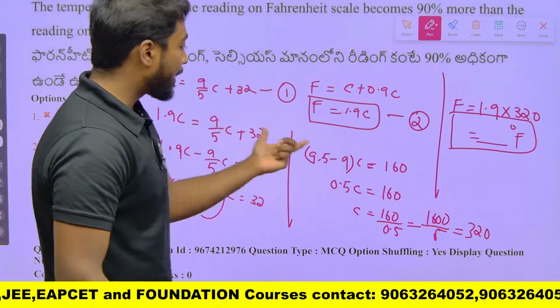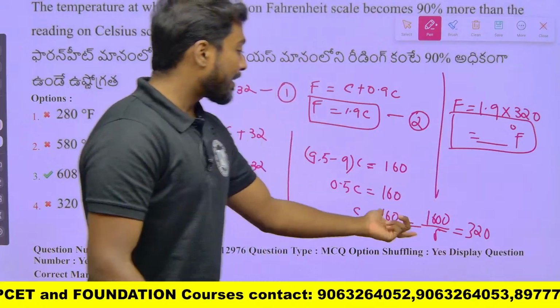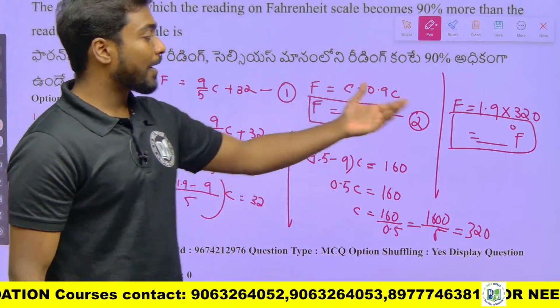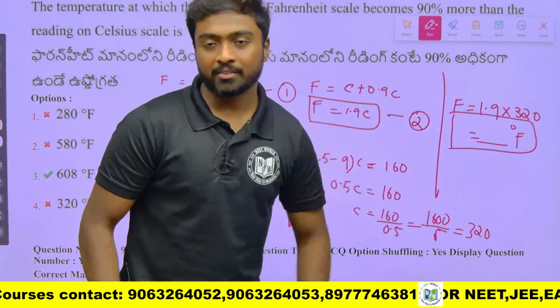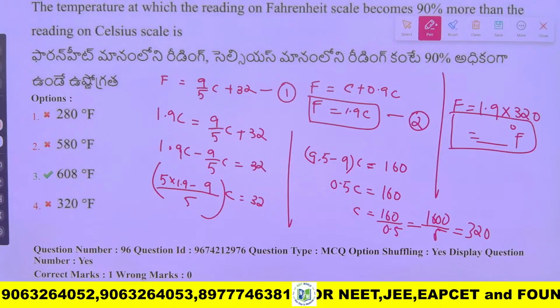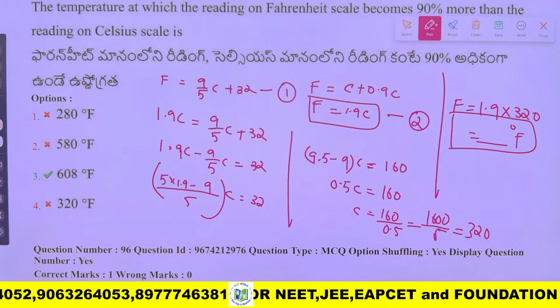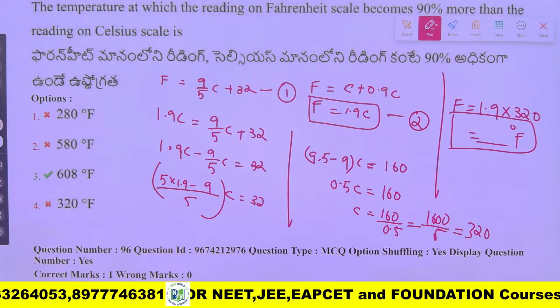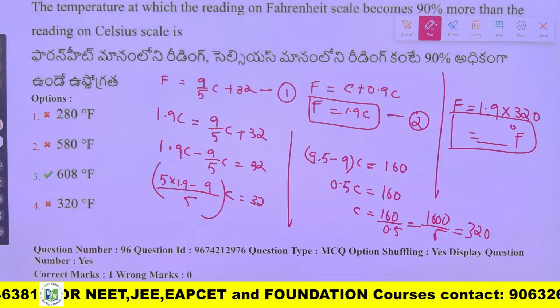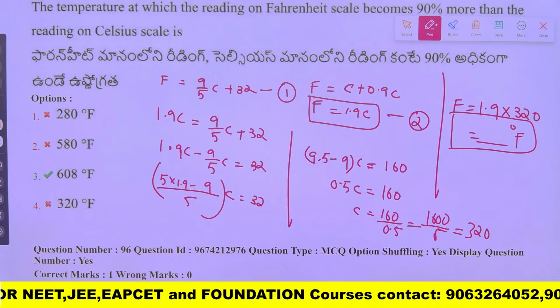Comparing both of them, if they are asking about Celsius, I can directly say 320. If they are asking about Fahrenheit, multiply it, that's it. Yes, the question is in Telugu as well as English.